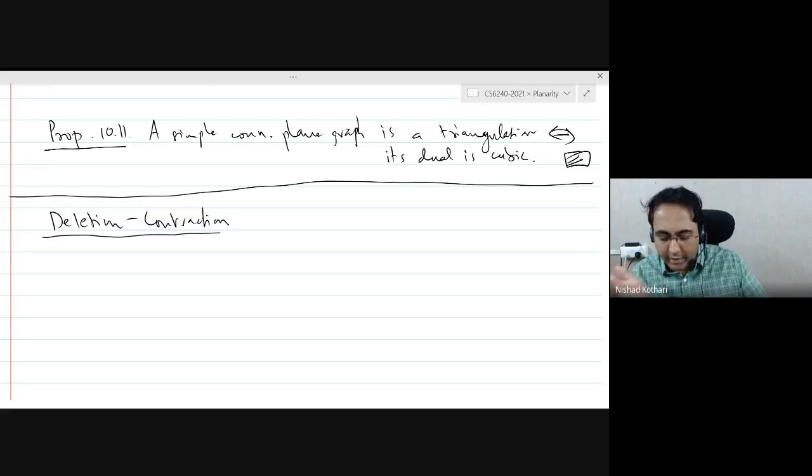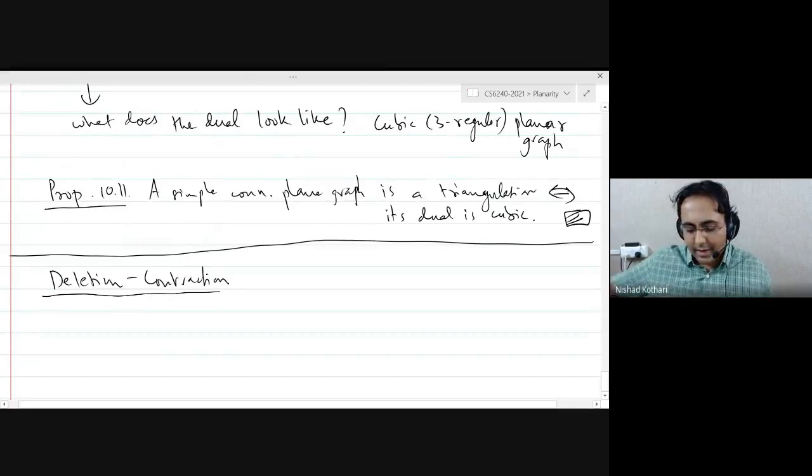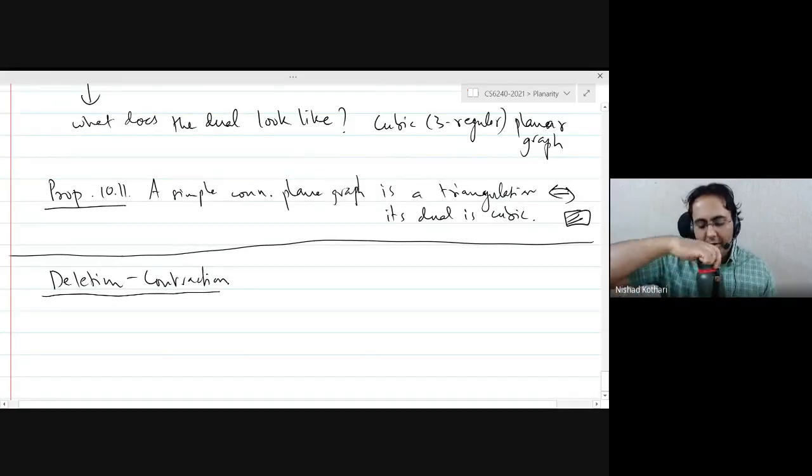We saw that in any simple three connected graph that is not a wheel, you can either delete an edge or contract an edge so that you get another simple three connected graph, which will be smaller than the original graph, right? Turns out that deletion and contraction of edges have more connections in graph theory, and one such instance is planar duality.